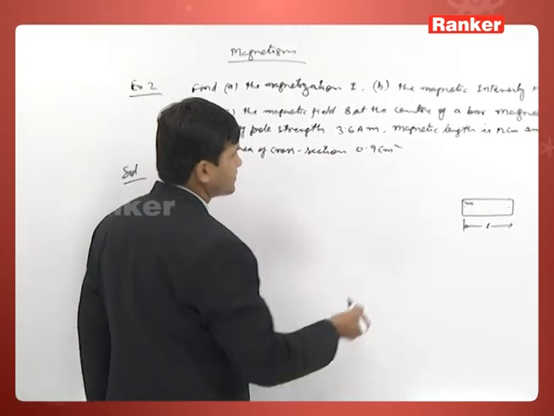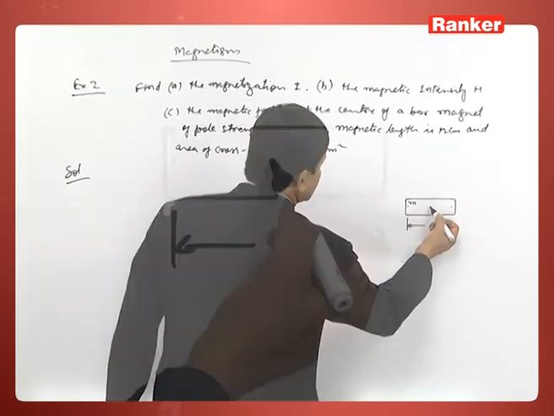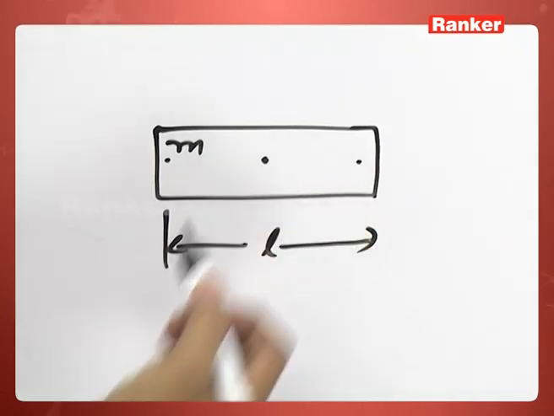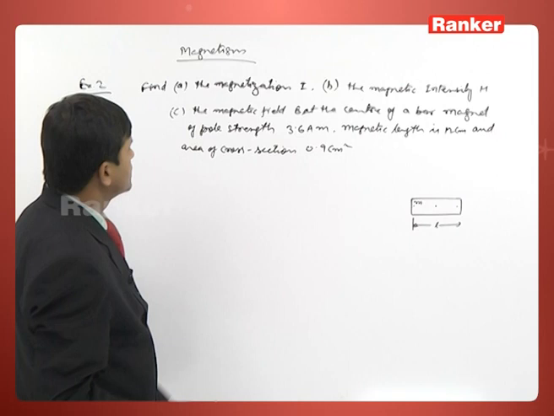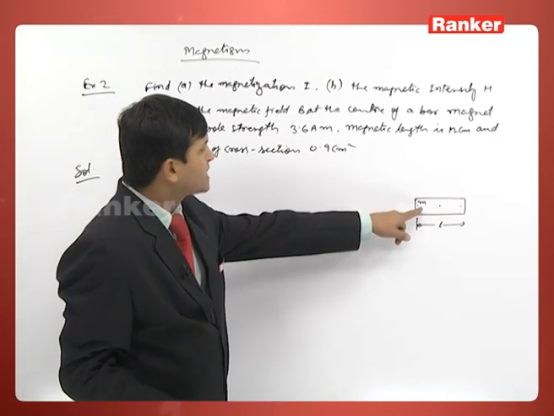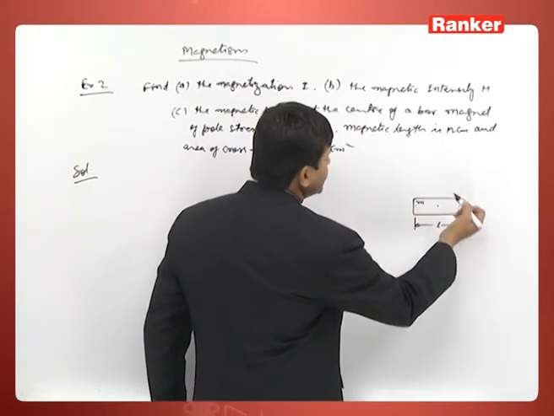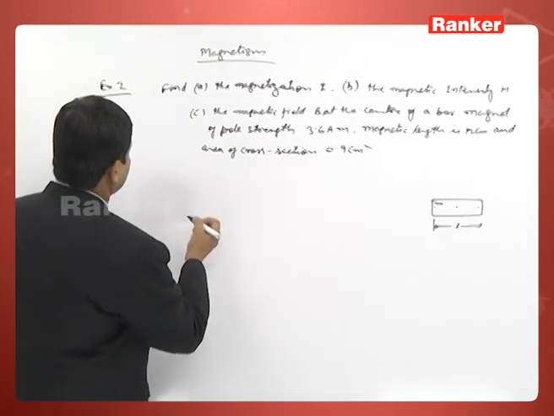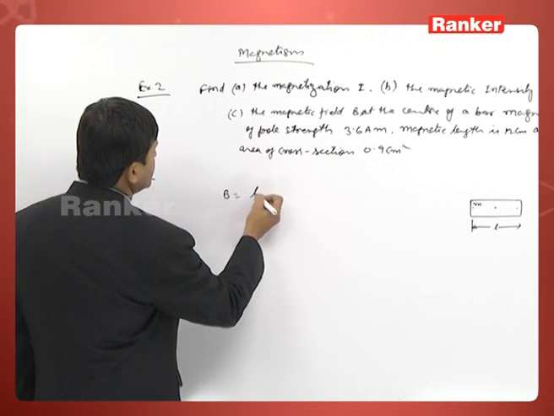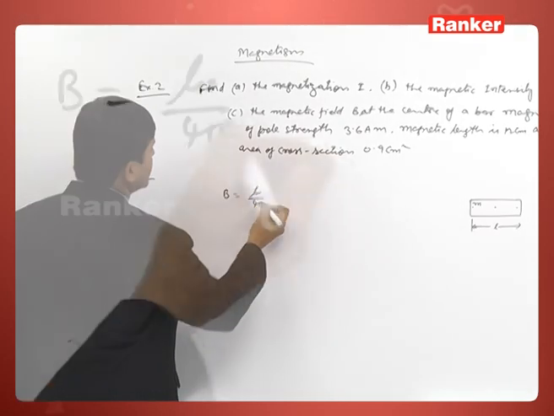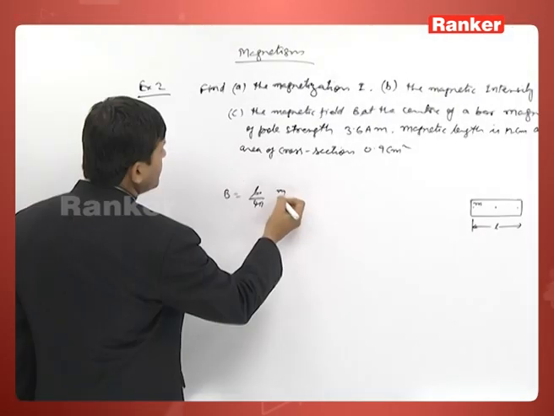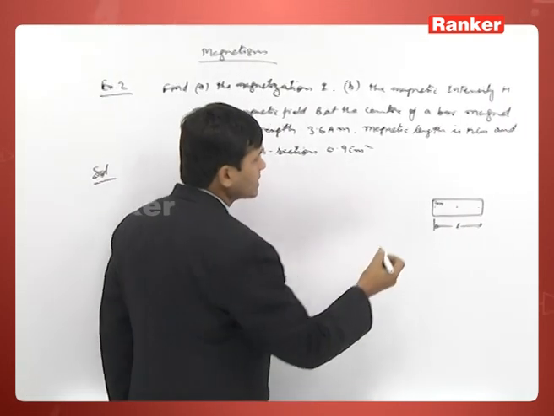So see, at the center, when we are looking here, so at the center the magnetic field due to the positive and negative poles, so B is equal to mu naught by 4 pi M by R square.